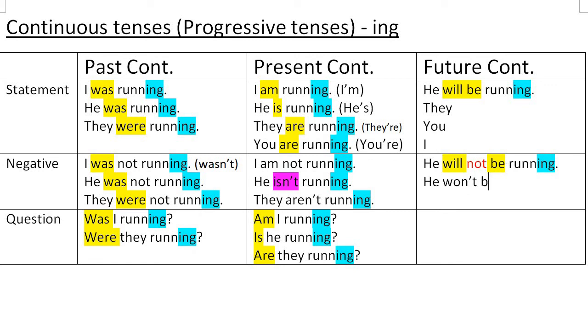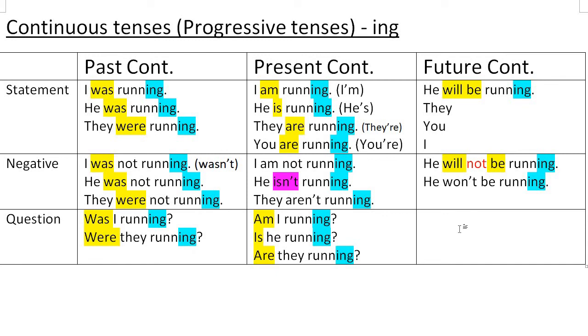He won't be running. And that's tricky because it seems like it's not future tense because you don't see the will anymore because it's absorbed by that contraction won't. Will not becomes won't, but it's still the same sentence and it's still future continuous tense.